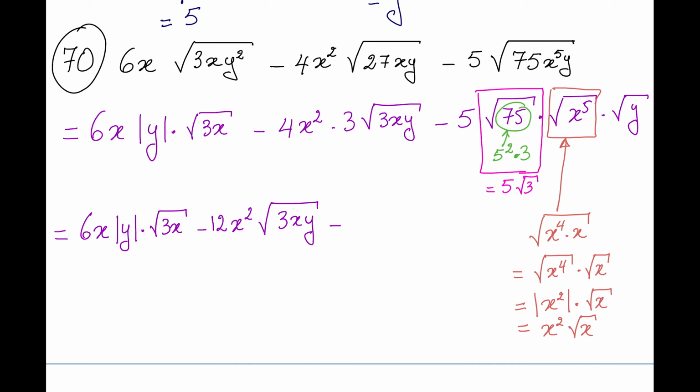And what's the last part? 5 times 5, which is 25, x squared, and square root of 3 times square root of x times square root of y is square root of 3xy.